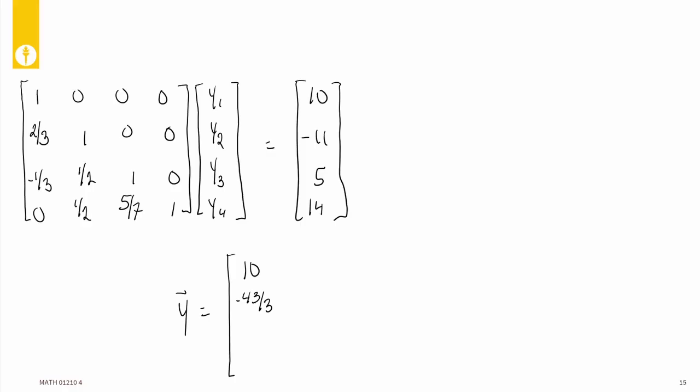Oh, wait, no, that's not right. My Y1 was 10. It's 20 thirds, right? What was I saying? 10 thirds. So negative 11 minus 20 thirds. That's even worse. It's negative, what, 53 thirds?